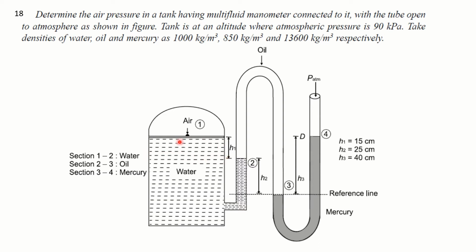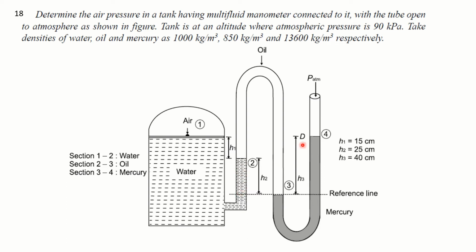It is the density, G acceleration due to gravity, into H1. That is the total weight acting. This pressure plus this one, plus this one: rho of oil, G and H2.